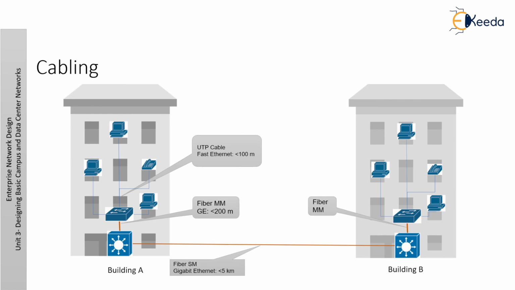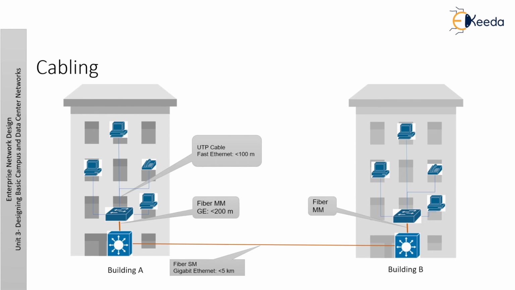Cabling example. In this particular figure, a typical campus network structure, devices such as workstations, IP phones, and printers are no more than 100 meters away from the LAN switch. The unshielded twisted pair wiring can easily handle the required distance and speed. It is also easy to set up and the price performance ratio is reasonable.